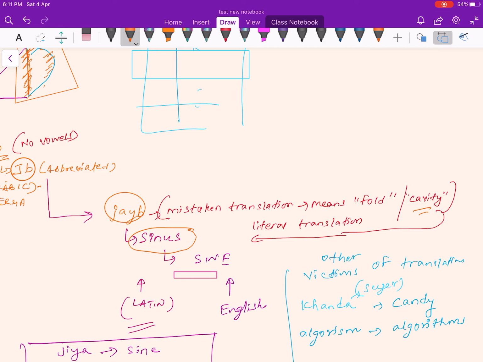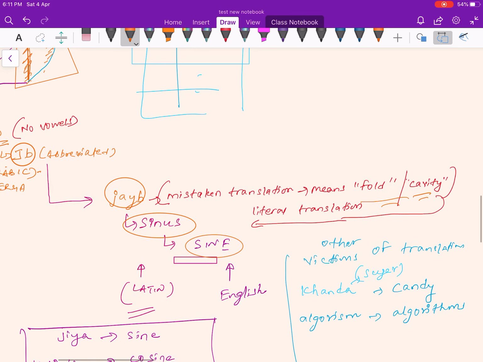It's a wrongly constructed translation of JAYB, without understanding the context and the history, a literal translation into the Latin word for fold or cavity. And when this Latin world moved further into the Western world, in today's world, sinus becomes sine.